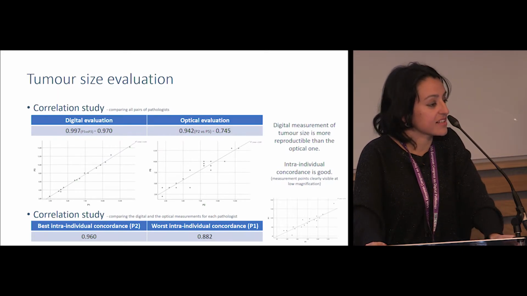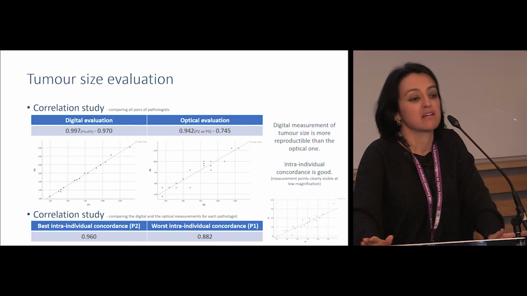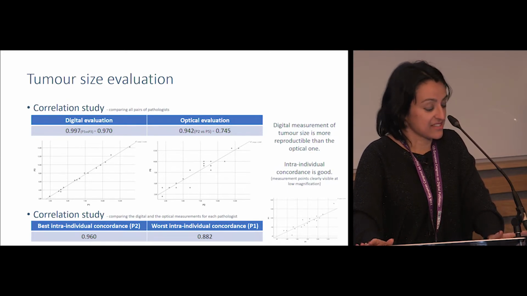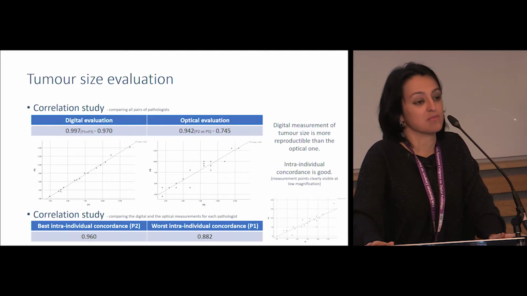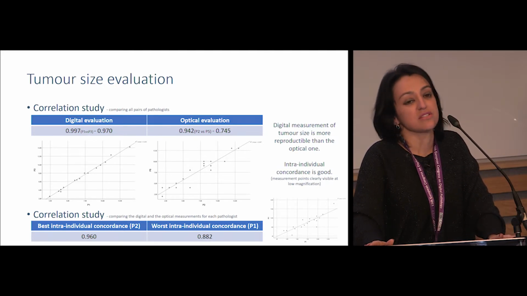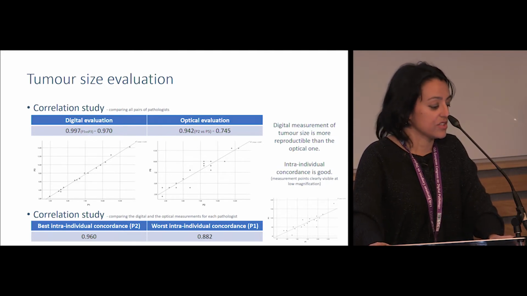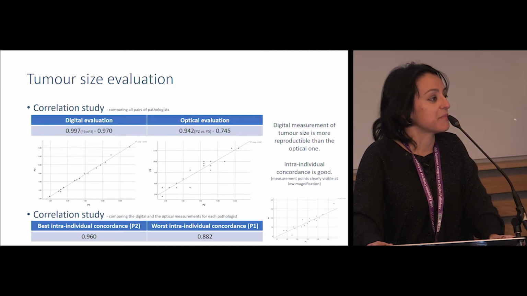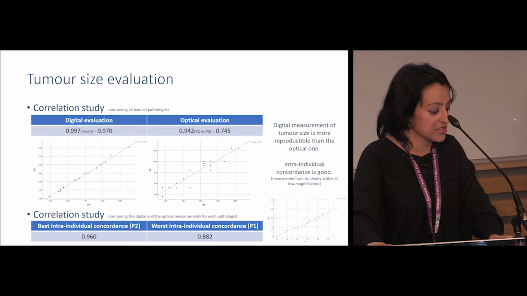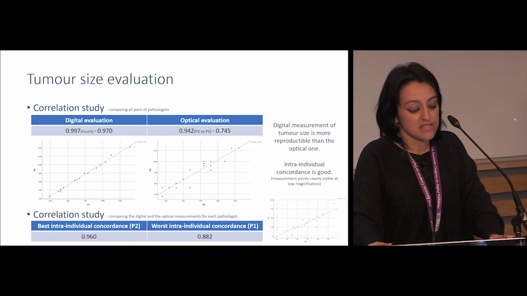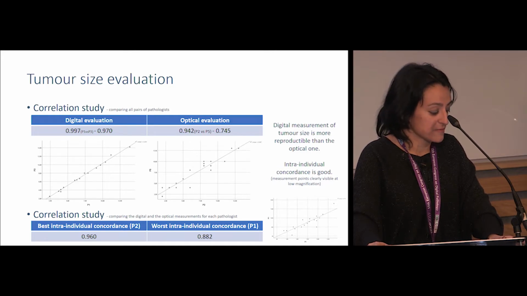A correlation study that compared all pairs of pathologists showed us that the digital evaluation was much, much better. The worst pair on the digital evaluation was better than the best of the optical evaluation. So the digital measurements of the tumor size are more reproducible than the optical ones.